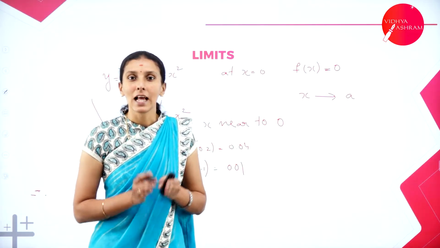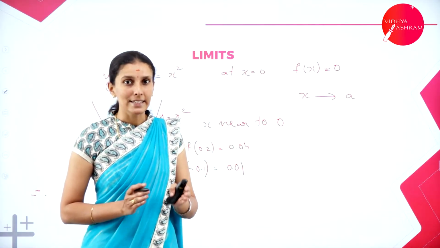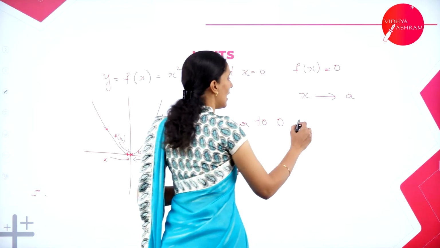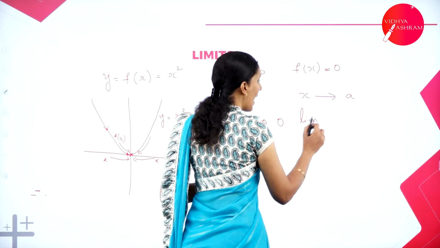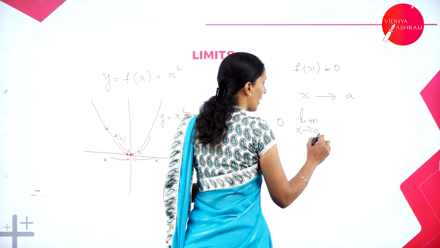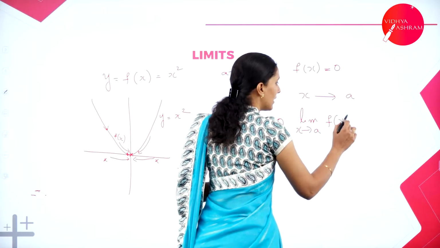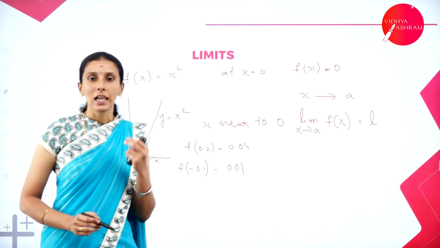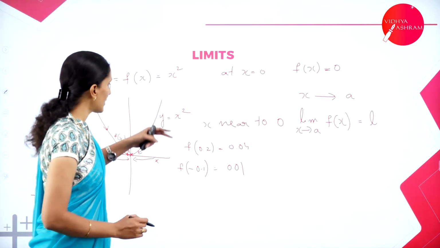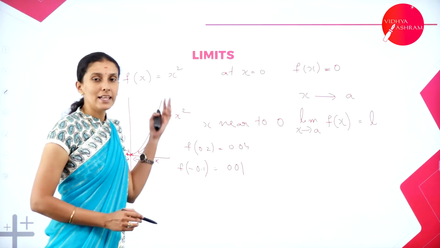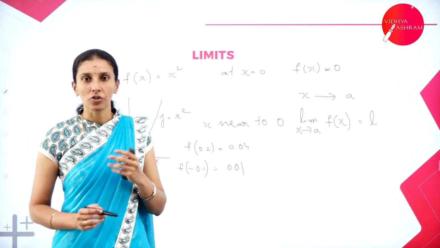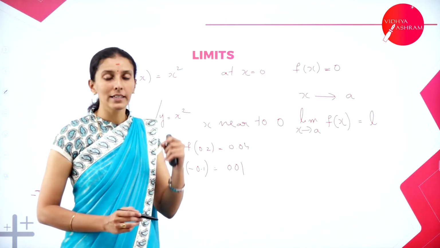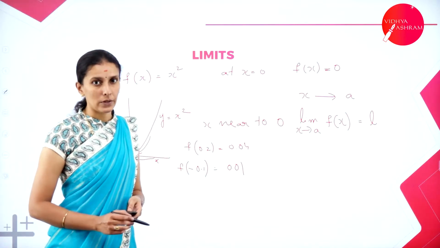Then we say that the limit of a function exists and we write it as limit as x tends to a, f of x is equal to L, where L is called the limit of the function. For example, here we can say 0 is the limit of the function at the point x tends to 0.